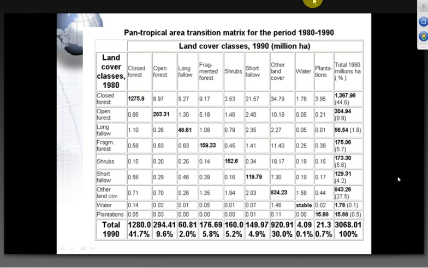This is an example of a pan-tropical area transition matrix for the period 1980 to 1990. Showing the land cover classes in million hectares and land cover classes in 1980. The same thing is written over here and showing the changes over these columns.